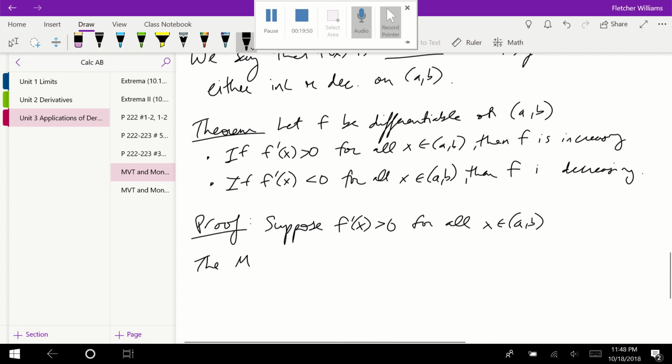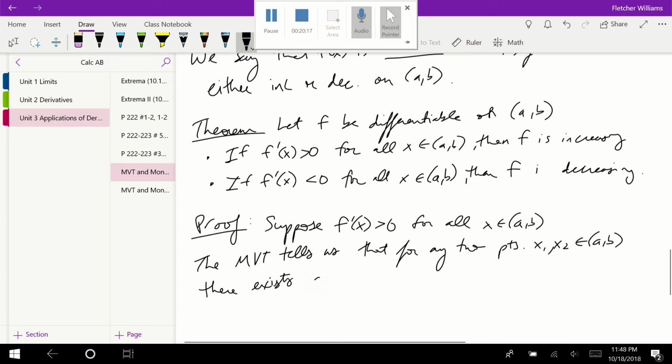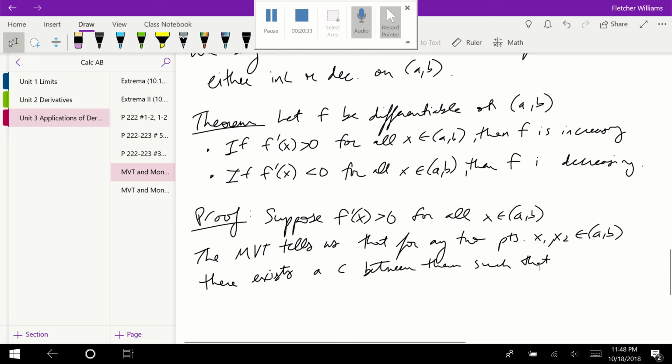Well, the MVT tells us that for any two points, x1 and x2, in this interval, there exists a C between them such that... it's the mean value theorem, right?